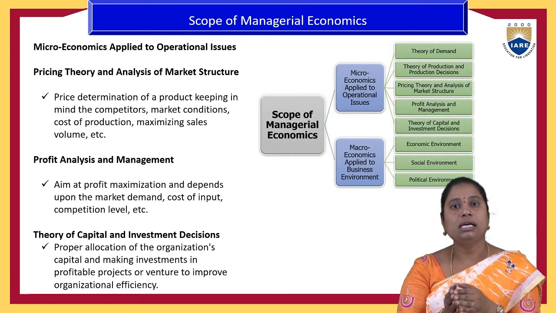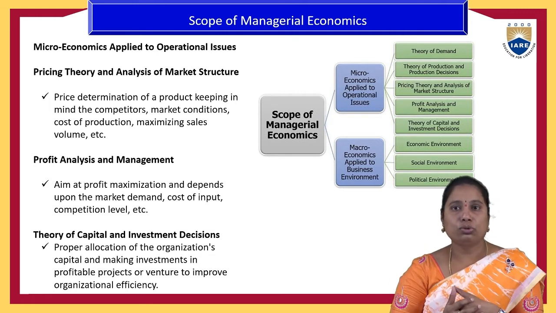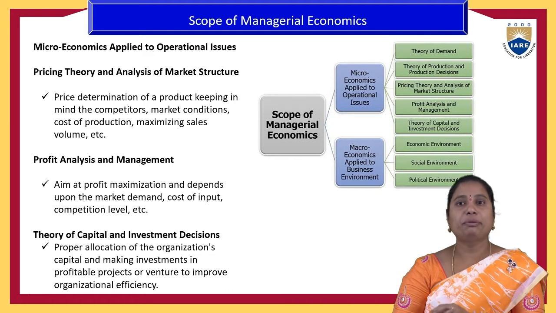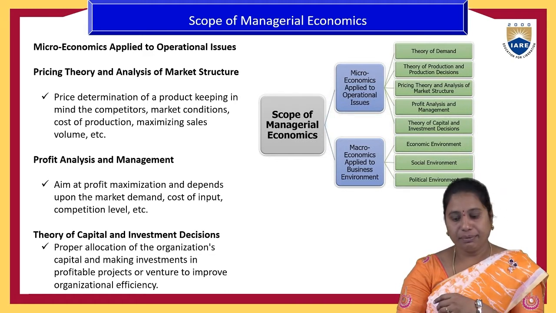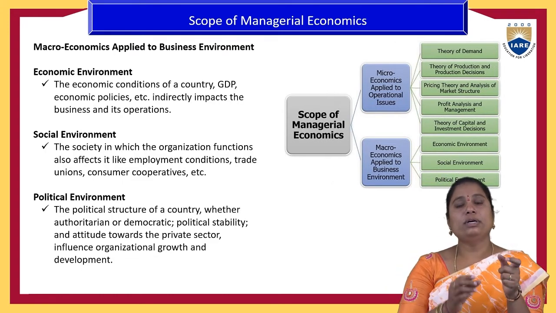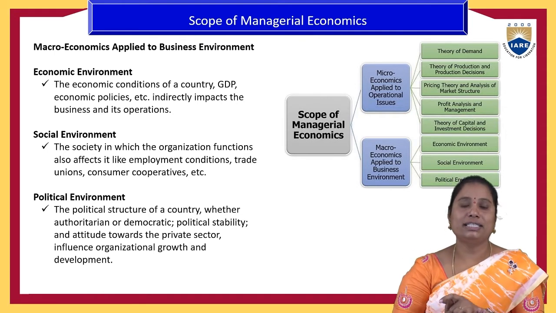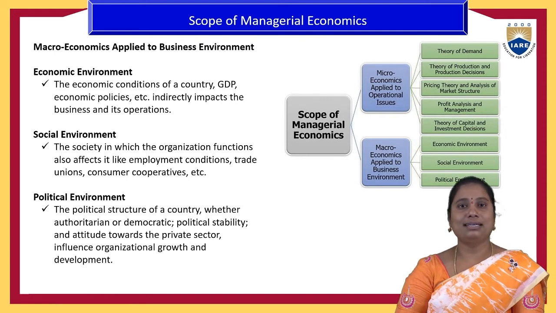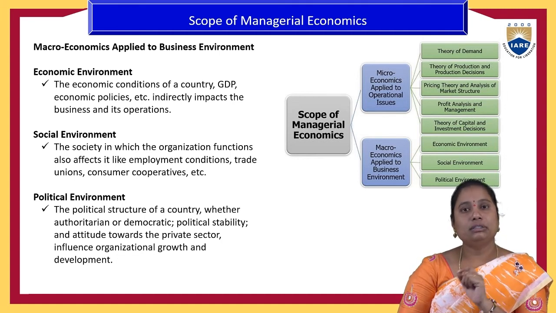This allocation of resources, and the distribution of profits, everything is also under the scope of managerial economics. So all these micro, segment-wise elements, that the manager concentrates on, we have seen under the first part of the scope of managerial economics.